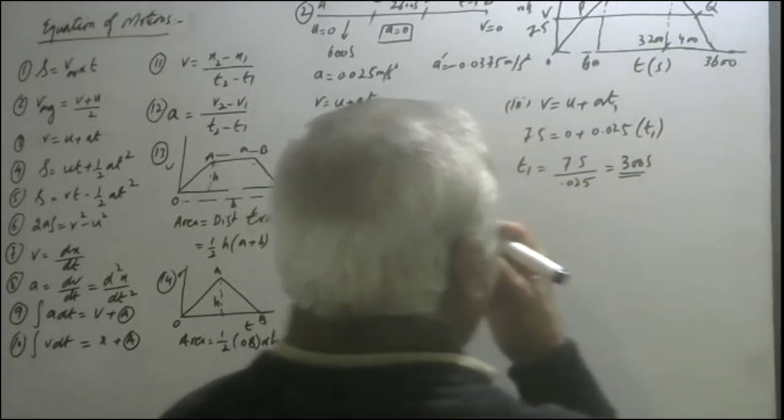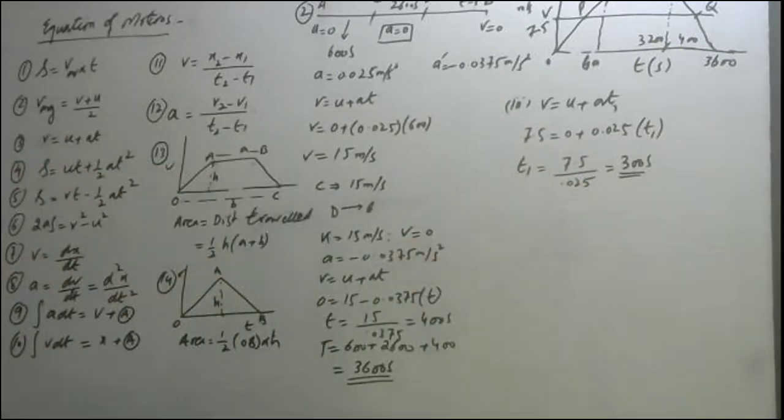So at position P, when the speed is 7.5, the time taken is 300 seconds.